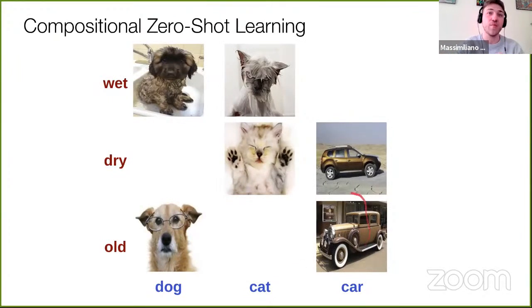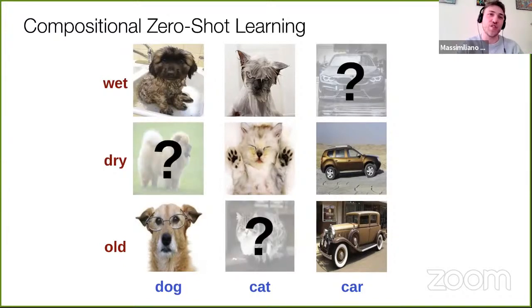So every image represents a combination of these primitives. And what you want is to learn a model that is able, at test time, to generalize to possibly unseen compositions of these basic primitives. So here, for instance, we have a dry dog, an old cat, or a wet car that weren't in our training set at the beginning.